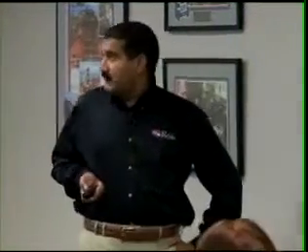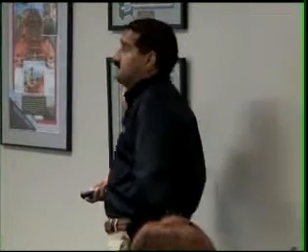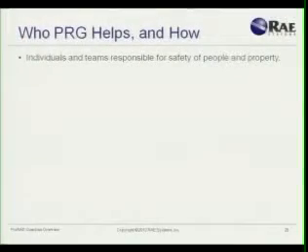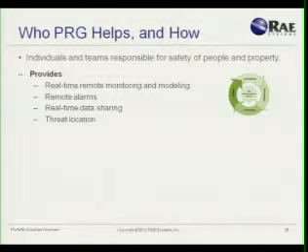Now let's look at how products like ProRay Guardian address these challenges. First, as you might have guessed by now, this is the tool for individuals and teams who are responsible for the safety of people and properties. In terms of capabilities, the tool provides real-time remote monitoring and modeling.